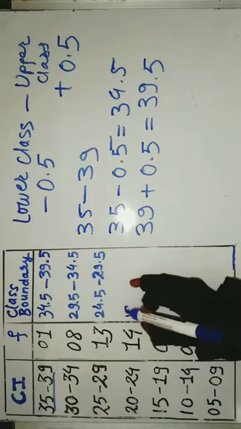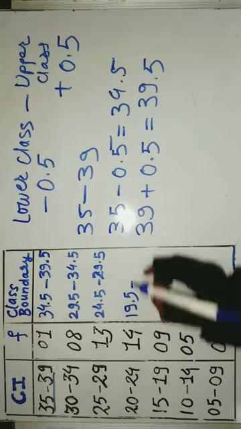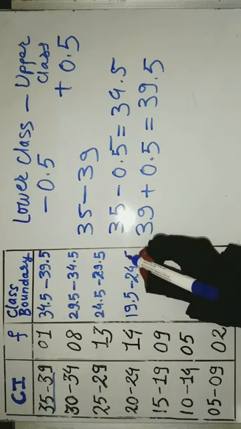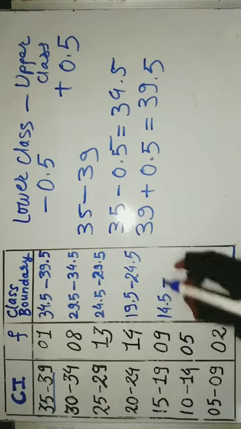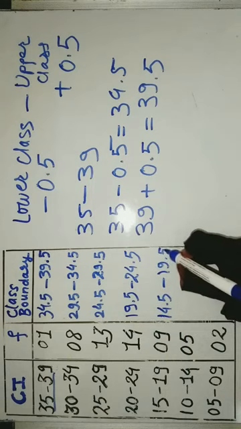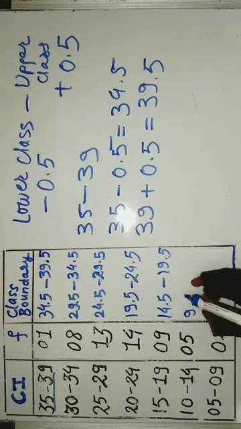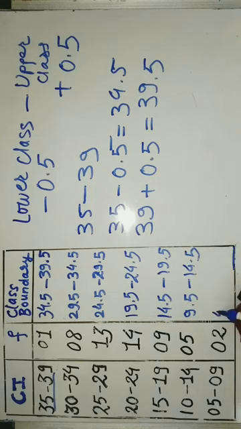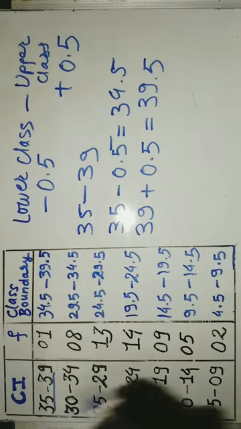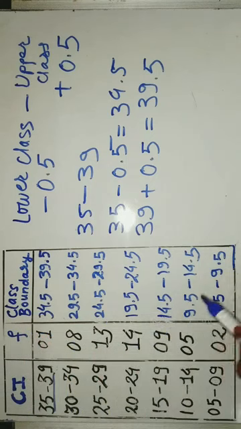So it will be 19.5 to 24.5, 14.5 to 19.5, 9.5 to 14.5, 4.5 to 9.5. That's how we have found all the class boundaries.